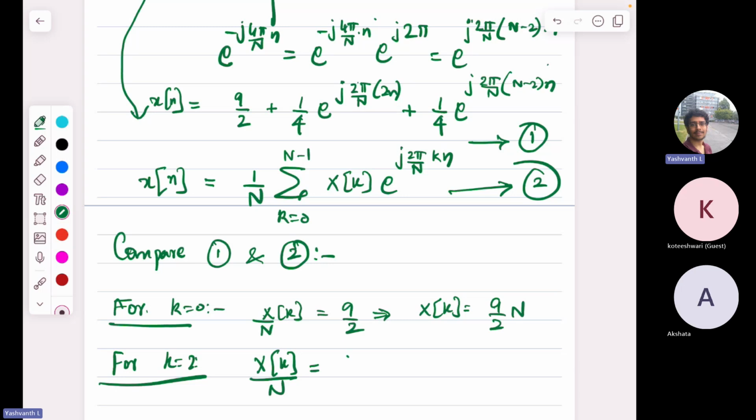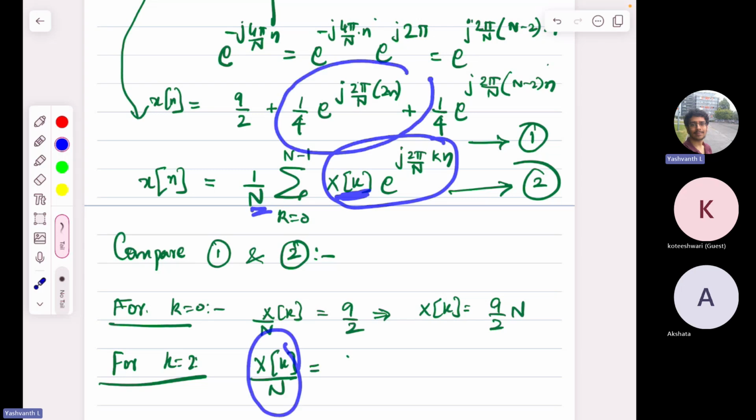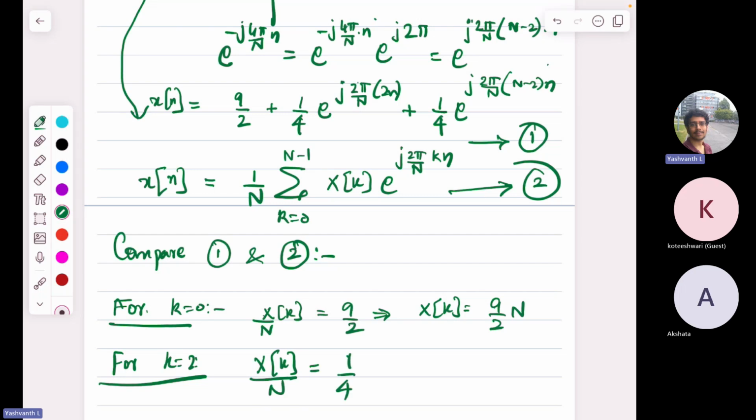I'm comparing between equation 1 and equation 2. For k equal to 2, here the coefficient is x of k by N. What is the coefficient of the k equal to 2 term here? 1 by 4, which implies x of k equal to N by 4.